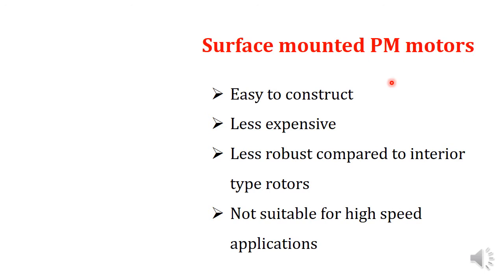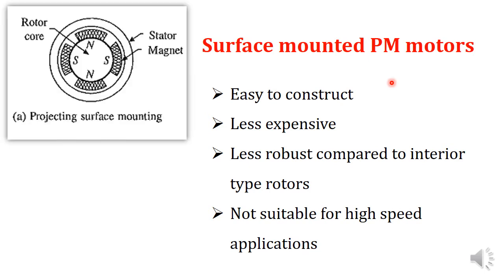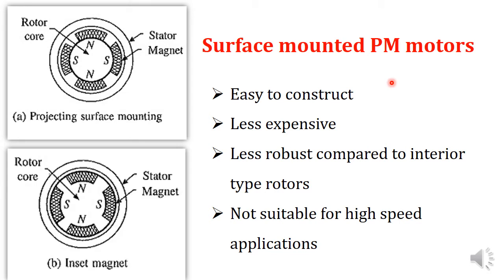These are the features of surface mounted permanent magnet motors. Now let's see the two different types of surface mounted motors. First one is projecting surface mounting type and the second one is inset magnet. So let's compare these two types.